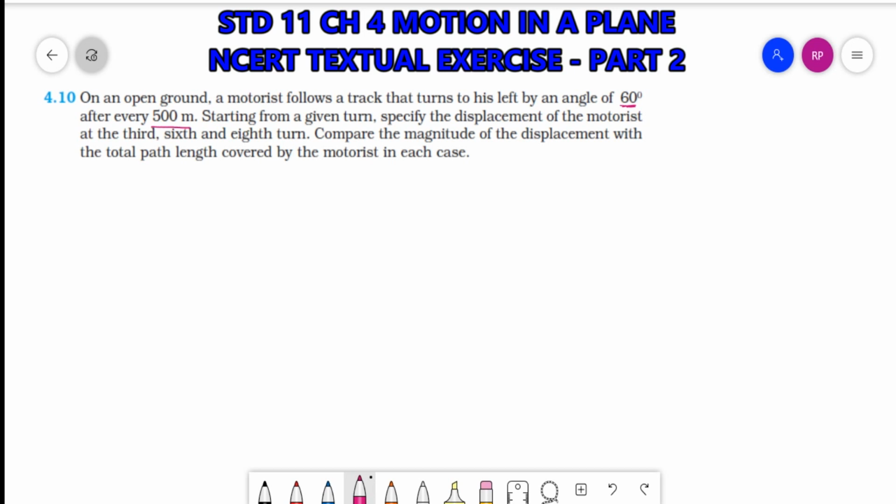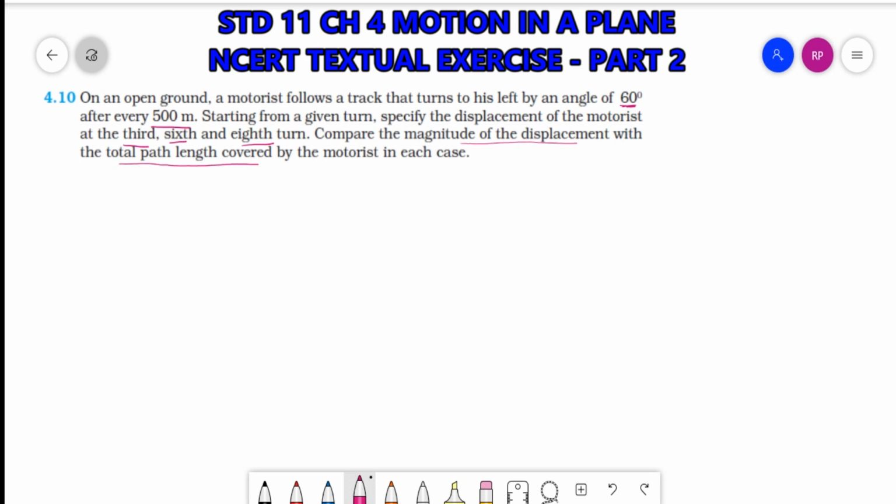Starting from the given turn, specify the displacement of the motorist at the third, sixth, and eighth turn. Compare the magnitude of the displacement with the total path length covered by the motorist in each case.